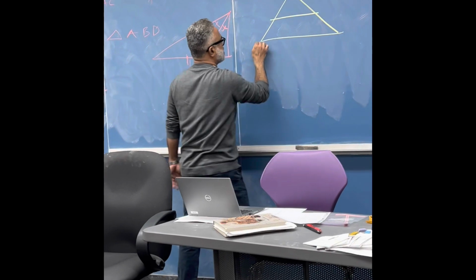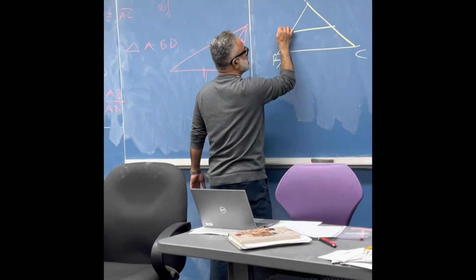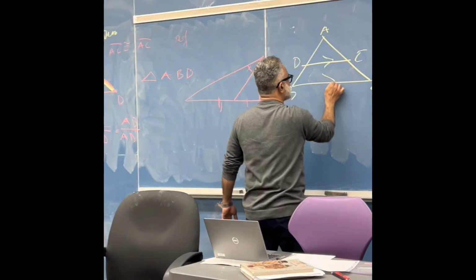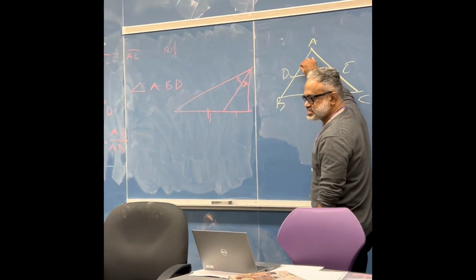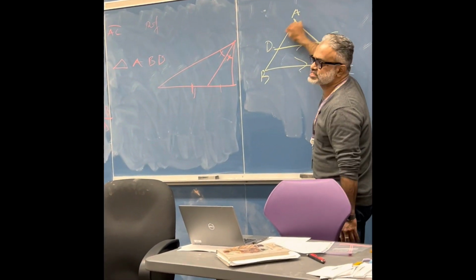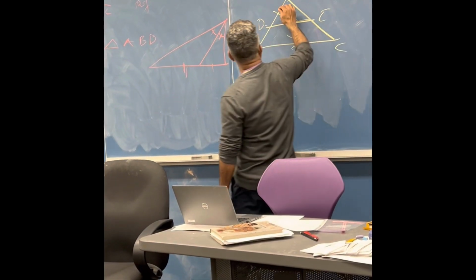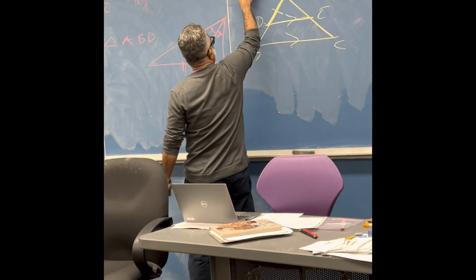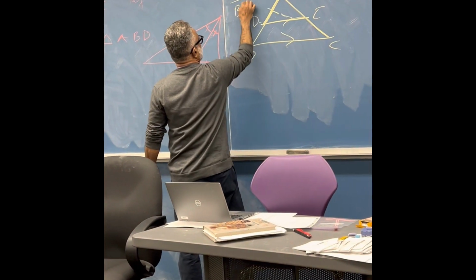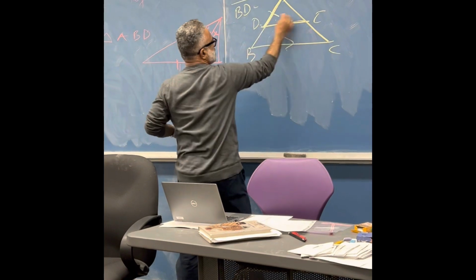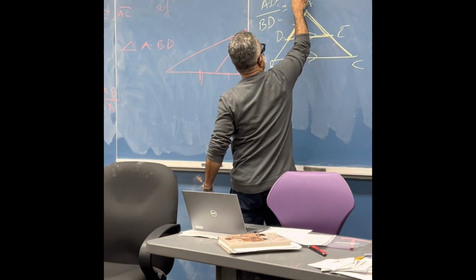Let's say A, B, C, D, E: if these two are parallel, parallel to one side and intersecting the other two sides, then AD over BD or BD over AD equals SE over CE.